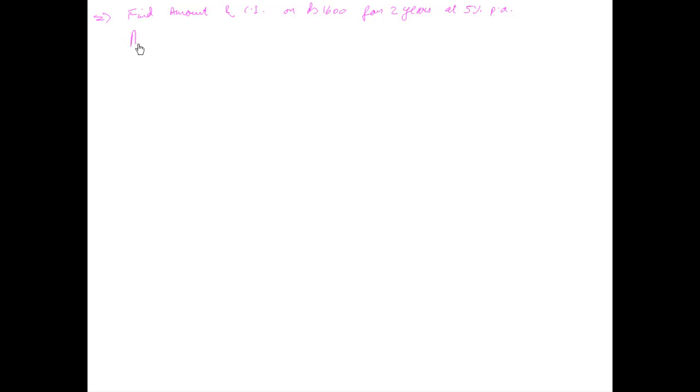Children, here we'll use a formula. Amount is equal to P(1 plus R upon 100) raised to the power of n. Well, principal is 1600 rupees, rate is 5% per annum, and time is 2 years.